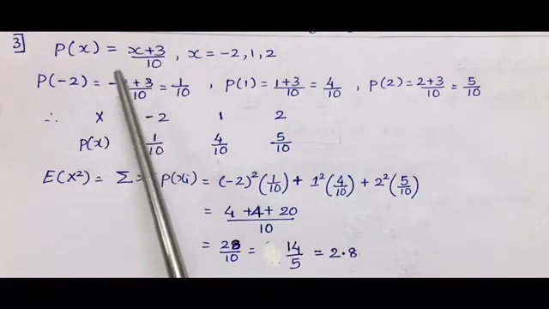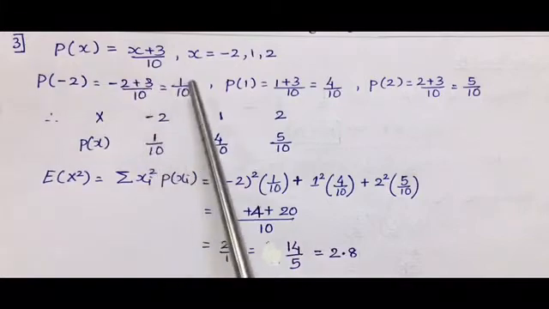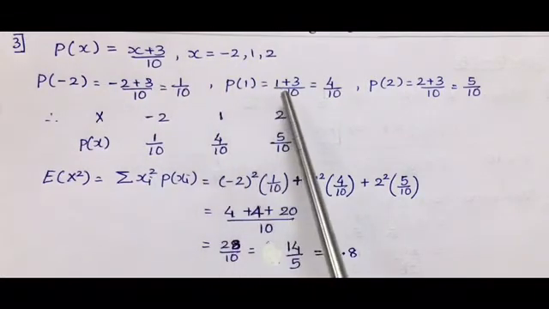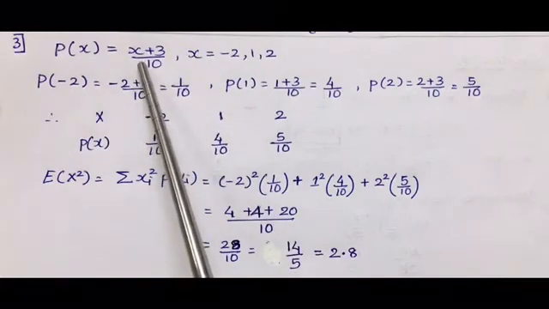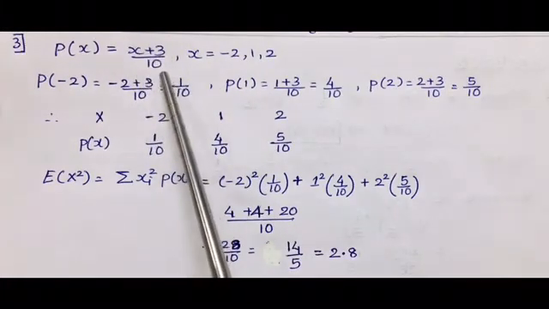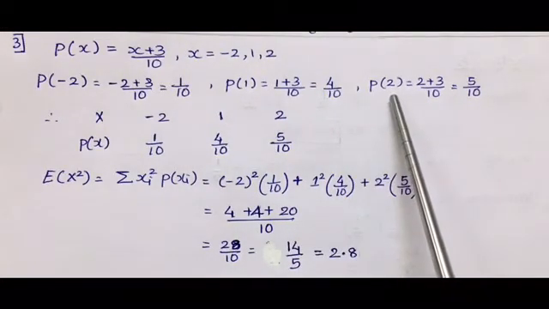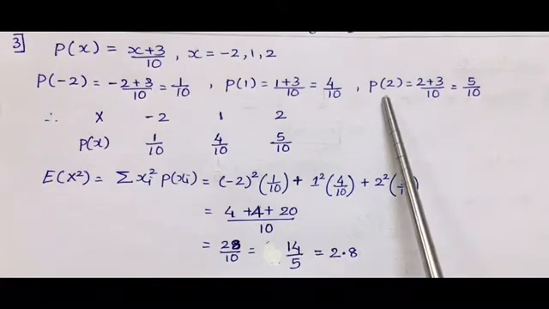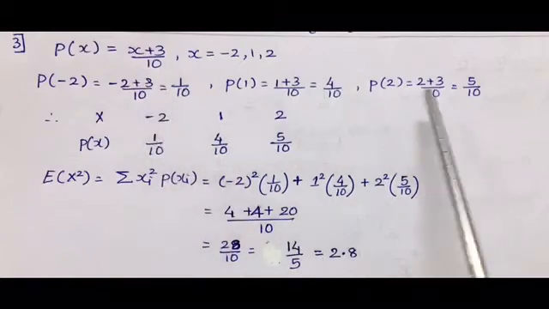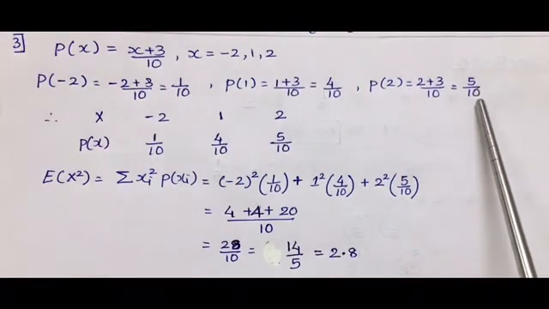Keeping in the place of x as minus 2, the calculation is minus 2 plus 3 divided by 10, that is 1 by 10. Keeping in the place of x 1 in this formula, 1 plus 3 divided by 10 will be 4 by 10. Now keeping the last value of x as 2 in the formula, it becomes 2 plus 3 divided by 10, 5 by 10.